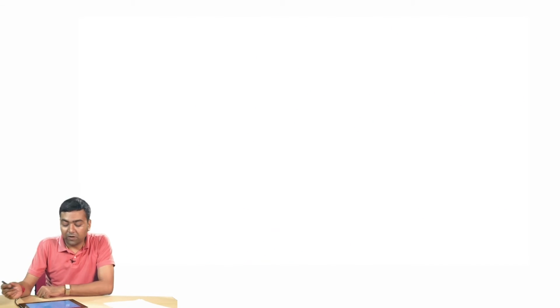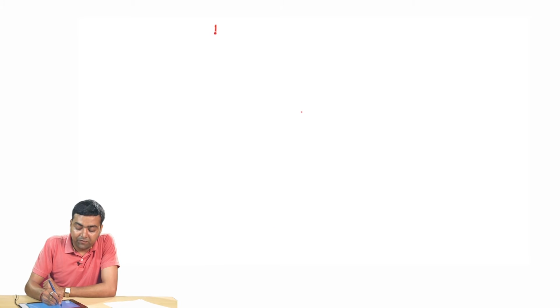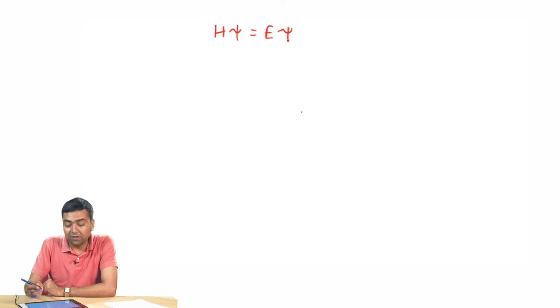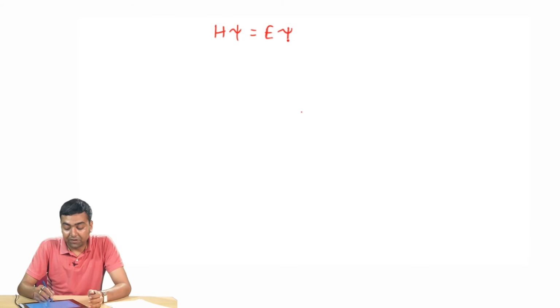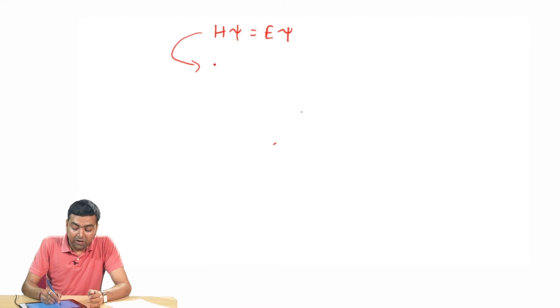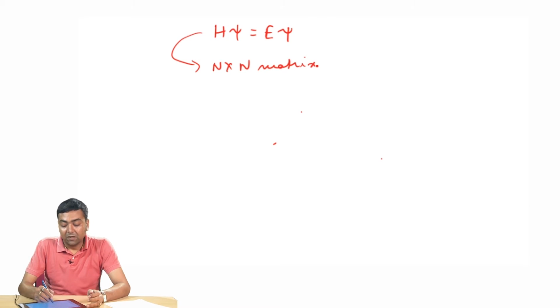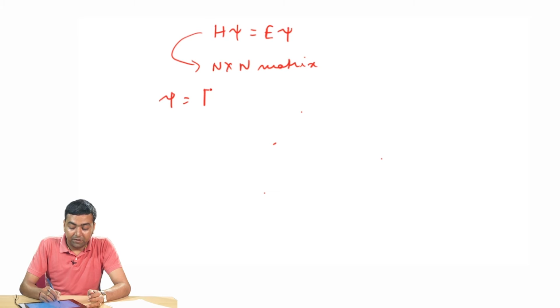Okay, so far what we had seen is we started off with a differential equation, my Schrodinger equation, and then what we did is we converted it to an n cross n matrix by expanding my wave functions psi into a linear combination of basis functions.